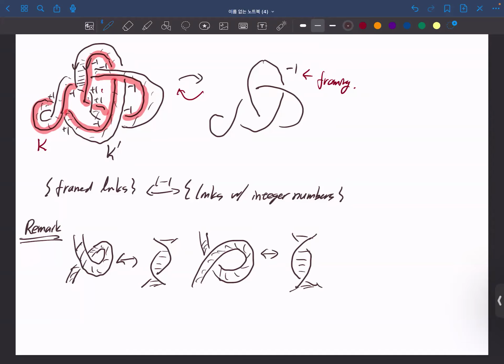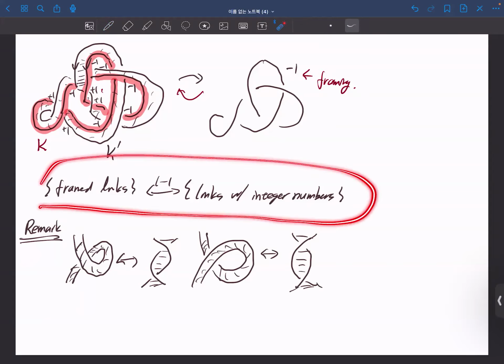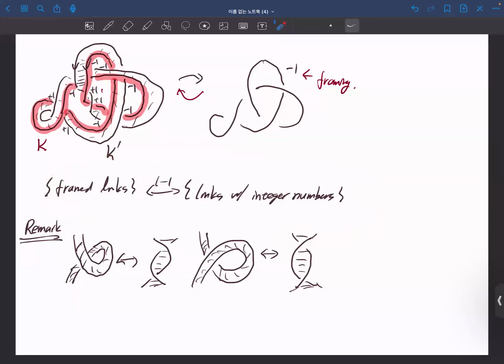So here you need to be careful a little bit. Here I said there is a one-to-one correspondence between framed links and links with integer numbers, not diagrams, but links.